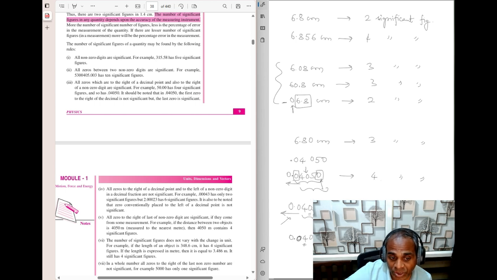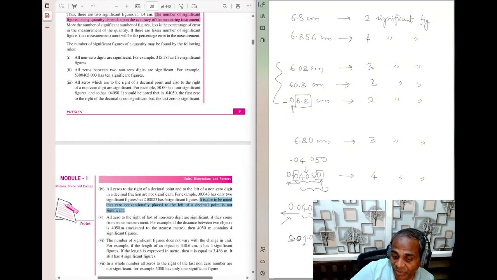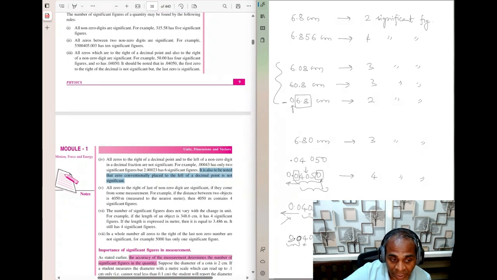Now, also to be noted that a 0 conventionally placed to the left of a decimal point is not significant. So here is the decimal point and this 0 is to the left of the decimal point, therefore it is also not significant, which we understood just previously. Now, rule number 5 says all 0s to the right of the last non-zero digit are significant.